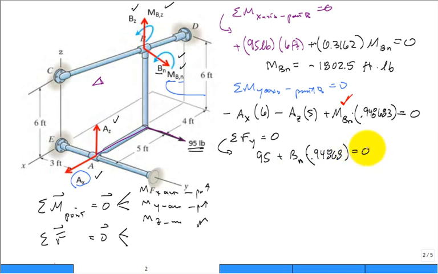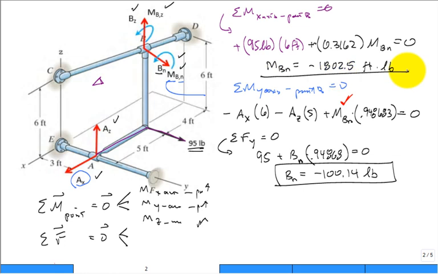At this point, that's positive, and can we solve for Bn? Yeah. And when you solve for Bn, the magnitude of Bn comes in at negative 100.14 pounds. So maybe I box that. Actually, we solved for two of the hardest parts right away.